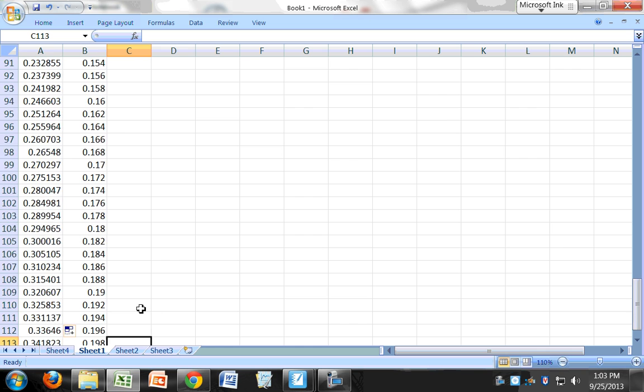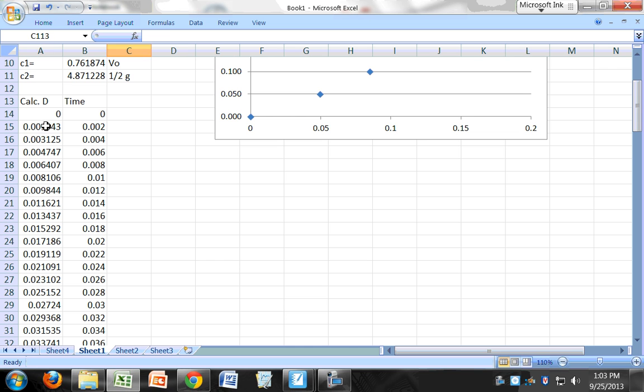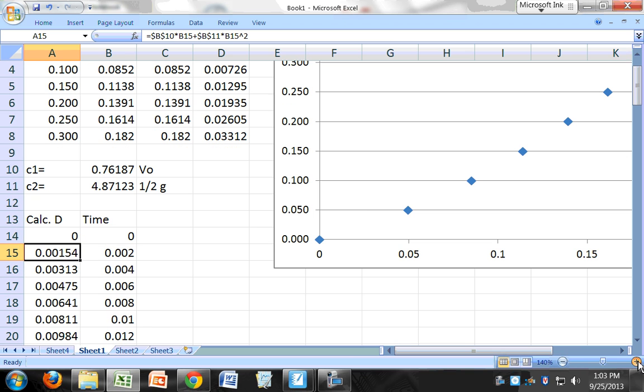There. Okay, so now, I'm sorry. Okay, equation is, let me make that a little bigger. This one is B10, which is the value of V naught, times B15, which is the time, which is the column B, plus B11, which is the value of 1/2 g, times B15 squared.